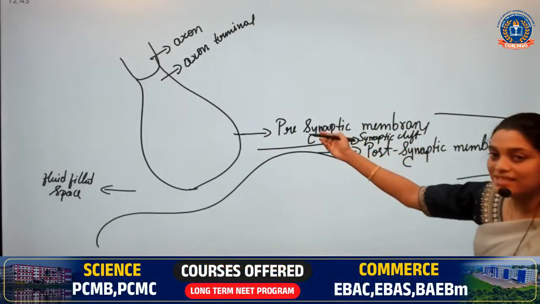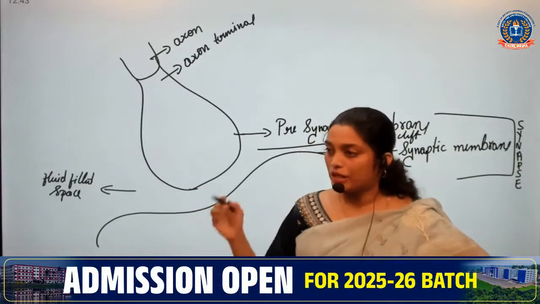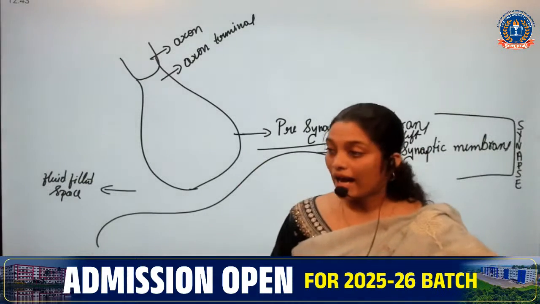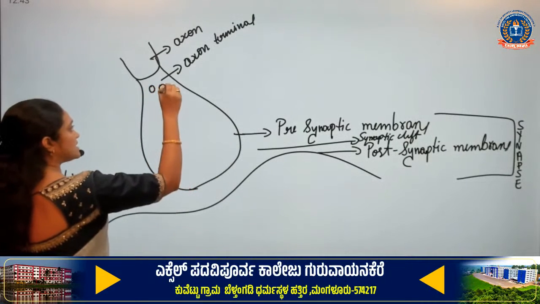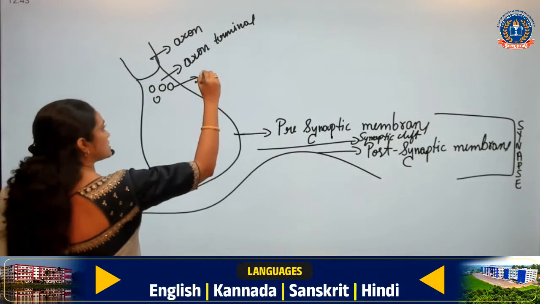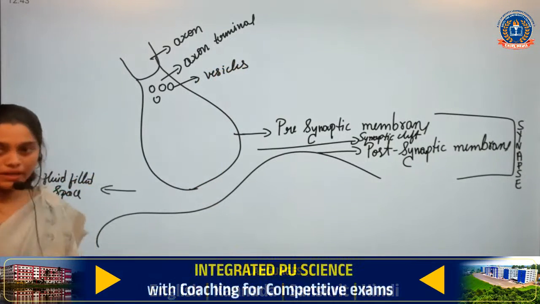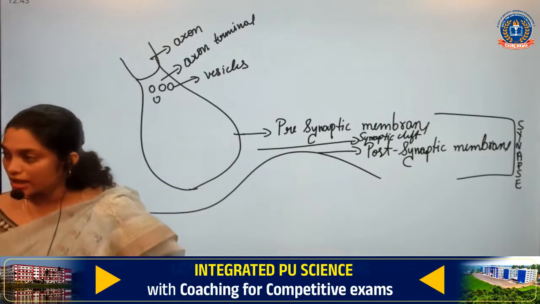Totally the presynaptic membrane, synaptic cleft and the postsynaptic membrane together we call a synapse. Got it? And now here there will be small vesicles. Okay, what are these? These are the vesicles. There are some small vesicles in the axon terminal region.